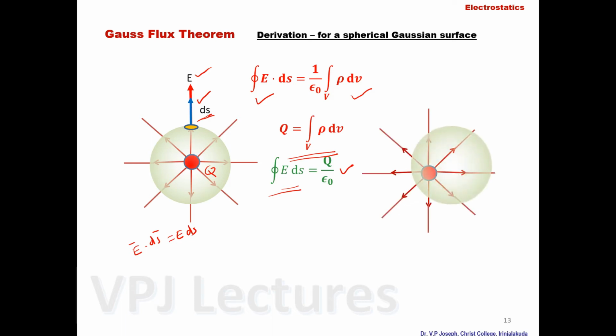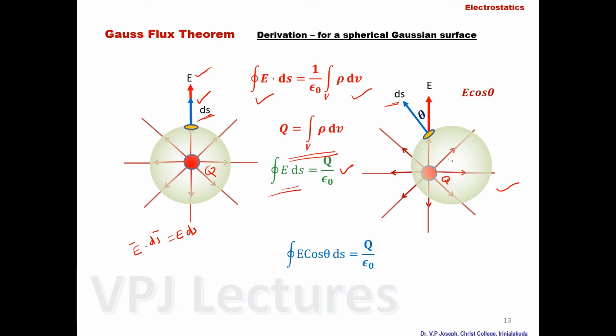And consider the position of the source displaced from the center, as shown in this example. The Gaussian surface is of spherical shape, but the source is not at the center. Here we can see that the electric field is directed radially from the source point, but the area ds is along the normal with respect to the center of the sphere.